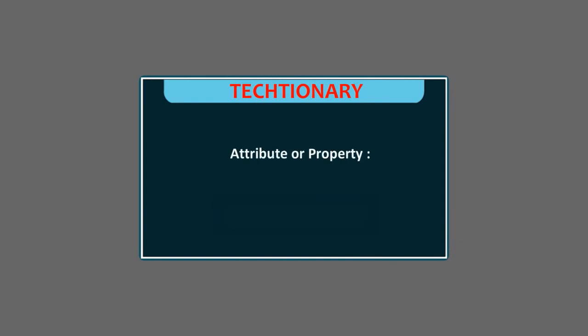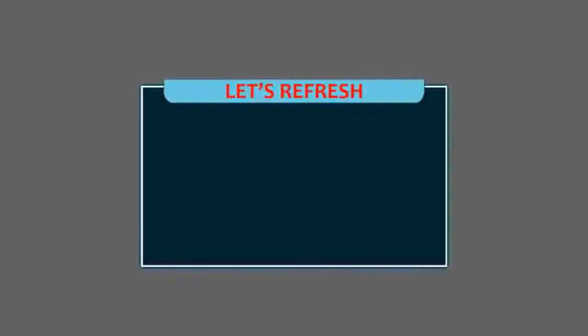Attribute or property, a characteristic of an object. Table, collection of rows and columns. Record, a row in a table. Field, a column in a table. Storehouse, a collection of objects. Null, empty or blank.